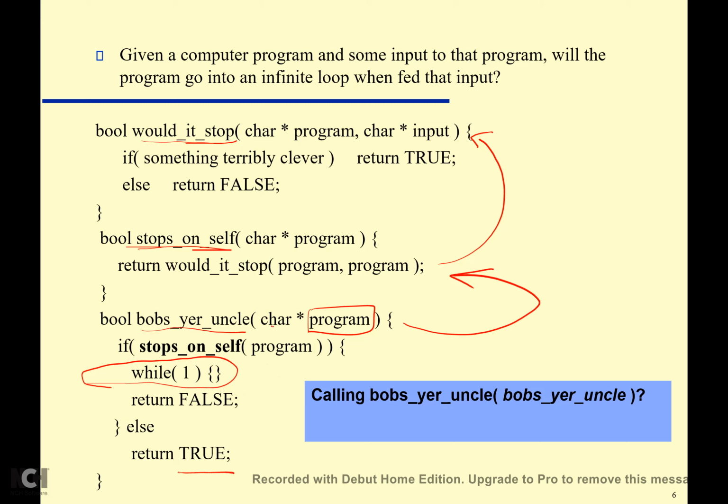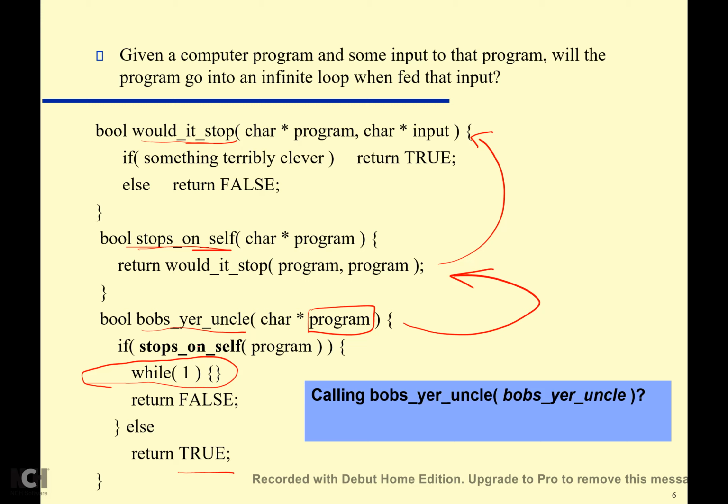If this method would run forever when fed itself as input, this contradicts the assumption that it determines. We have therefore led ourselves to a contradiction.